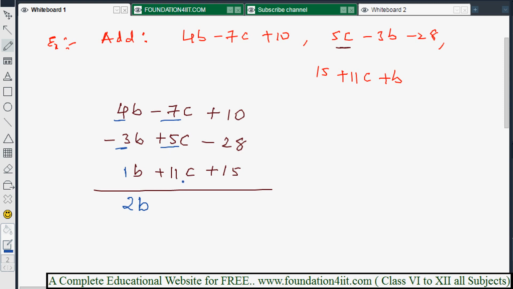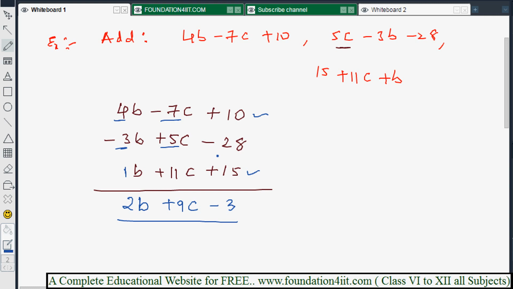Minus 2 plus 11 is plus 9, 9c. And 10 plus 15 is 25. 25 minus 28 is minus 3. Okay. Just we'll add only the coefficients. If it is negative, we'll subtract. Positive means we'll add. Okay, in this way we can do addition.